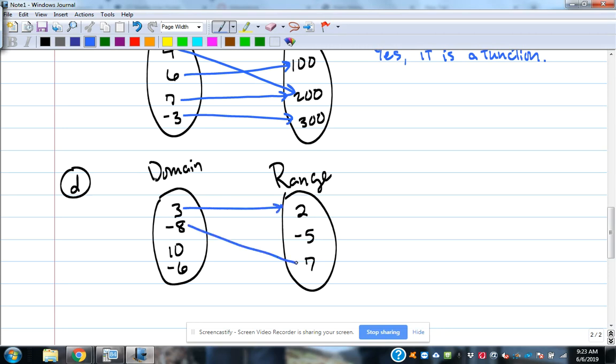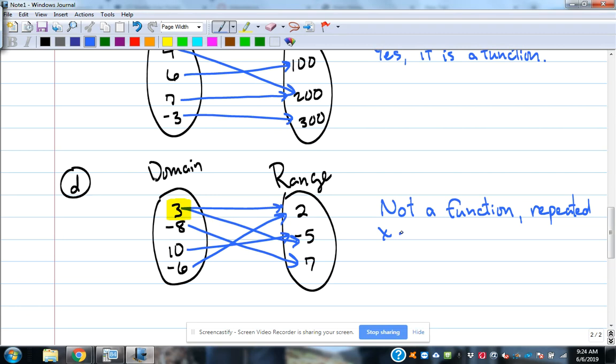Let's do -8 to 7, 10 to -5, -6 to 2, and then maybe 3 also goes to -5. So here we have that x value, 3, has two arrows coming from it. That tells me, hey, this is not a function. It has a repeated x value.